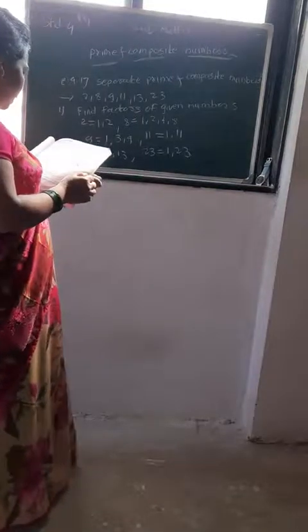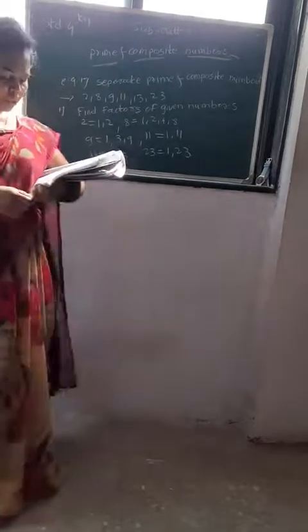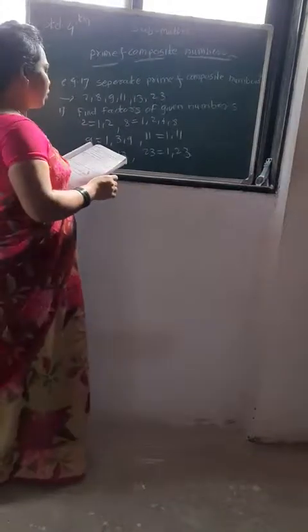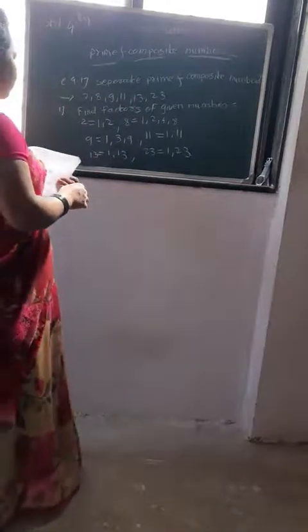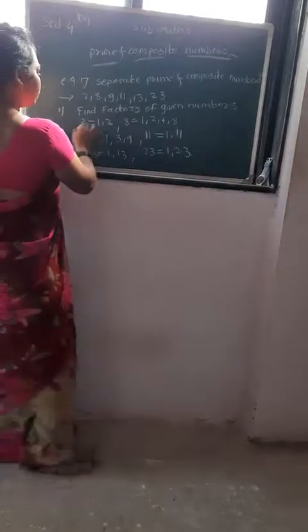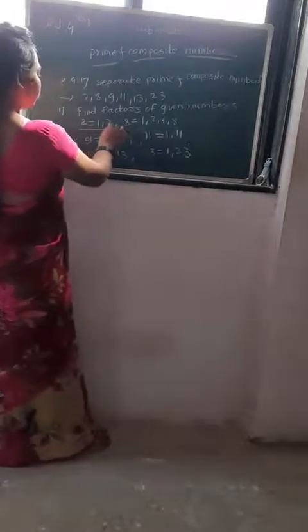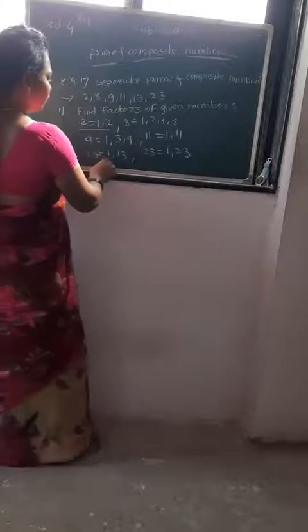Step second: the numbers which have two factors are prime numbers and which have more than two factors are composite numbers. Here 2 has 2 factors, 13 has 2 factors, 23 has 2 factors and 11 has 2 factors.